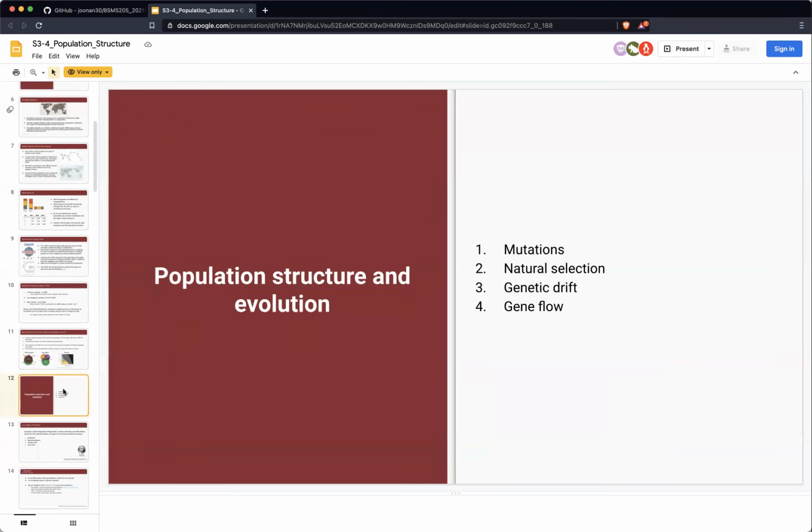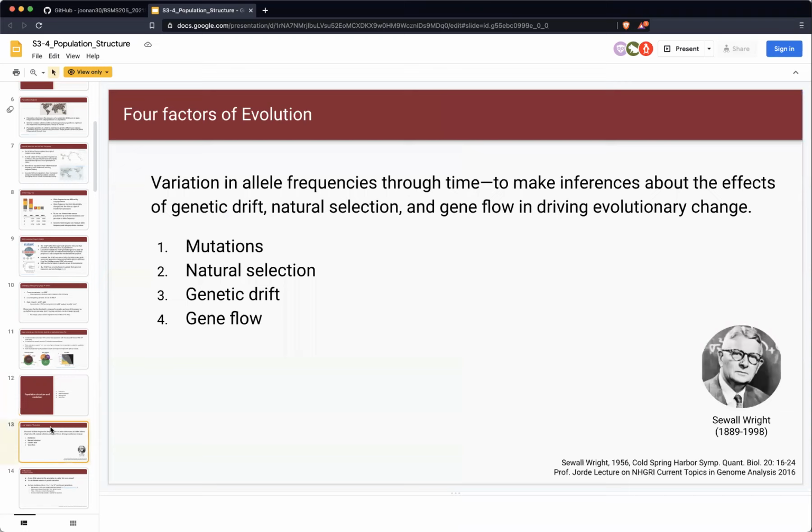And then we look at what the factors are driving this population structure in our evolutionary process. Related to this, we know the 4 factors of evolution. This idea was proposed by Wright in the 1940s, 42 or something. The 4 factors of evolution also refer to the factors driving the population structure in humans, and the variation in allele frequency throughout time.